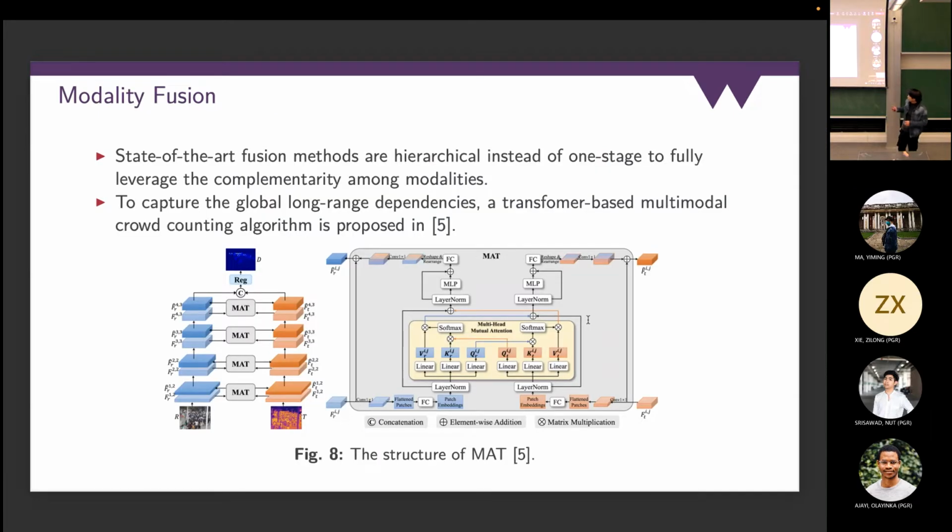For modality fusion, usually we can do one-stage fusion, like early fusion or late fusion. In the crowd counting case, if we do late fusion, then we generate the density maps independently from each modality and simply add them together. But state-of-the-art methods fuse the modalities in a hierarchical structure. That means they fuse the features multiple times so that the learned features from each branch can be more robust.